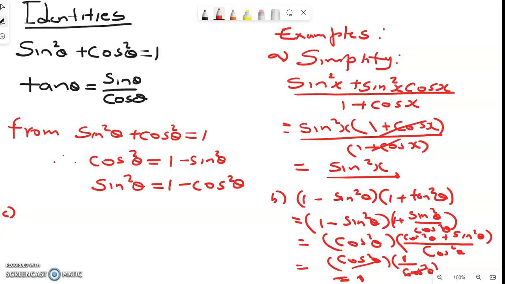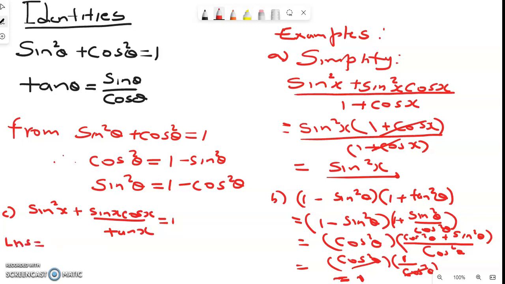Let us say you are given sine square x plus sine x cos x over tan x is equal to 1. We need to simplify the left hand side to be equal to 1.